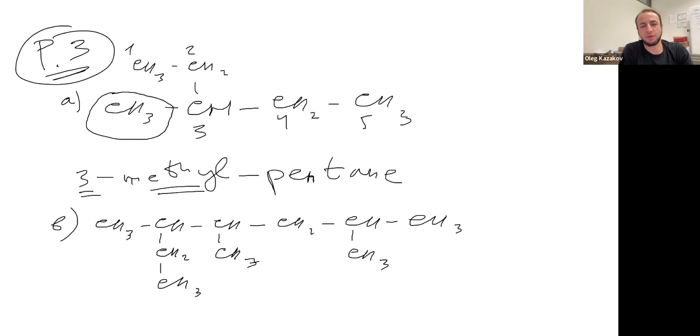Let's take a look at the longest chain. If we go down this way, we'll have 4 carbons, not the longest, right? Then we're going to have maybe 5 carbons here. It doesn't seem to be the longest chain either. Now, what else do we have here? So we have 3, 6, right? Then we have 1, 2, 3, 4, 5, 6, 7.